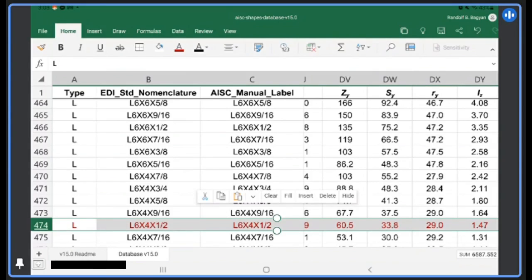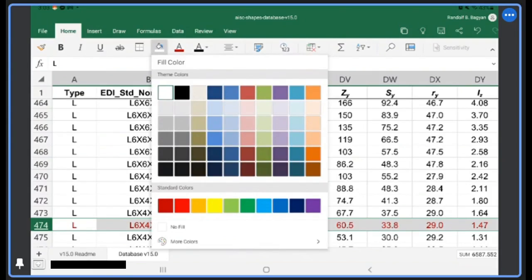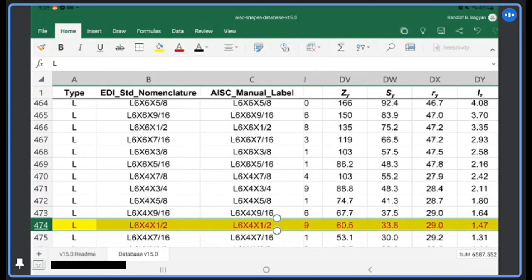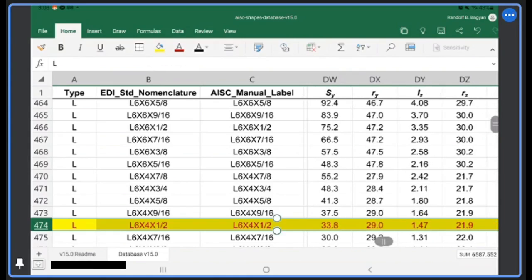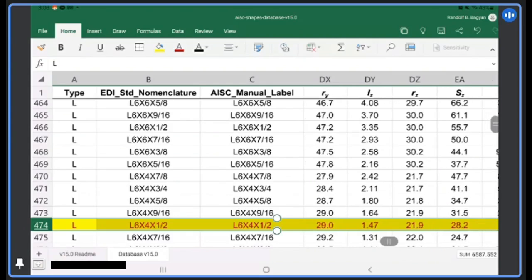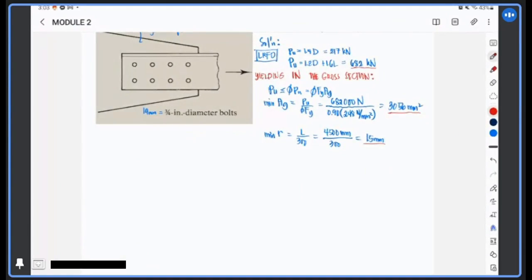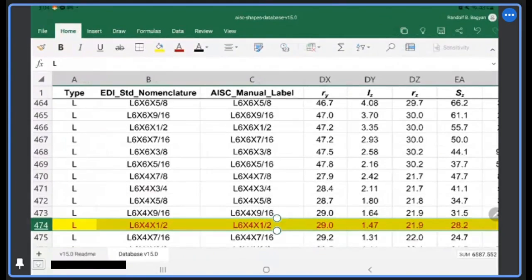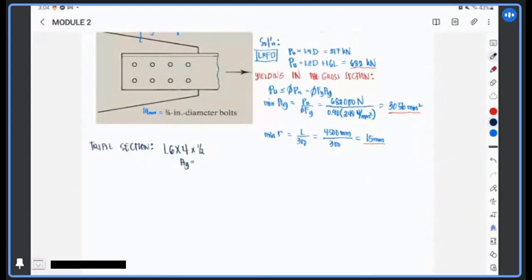This is just our trial section, class. We will still choose further. L6 by 4 by 1/2 trial section. So the gross area is equal to 3,060 square millimeters.